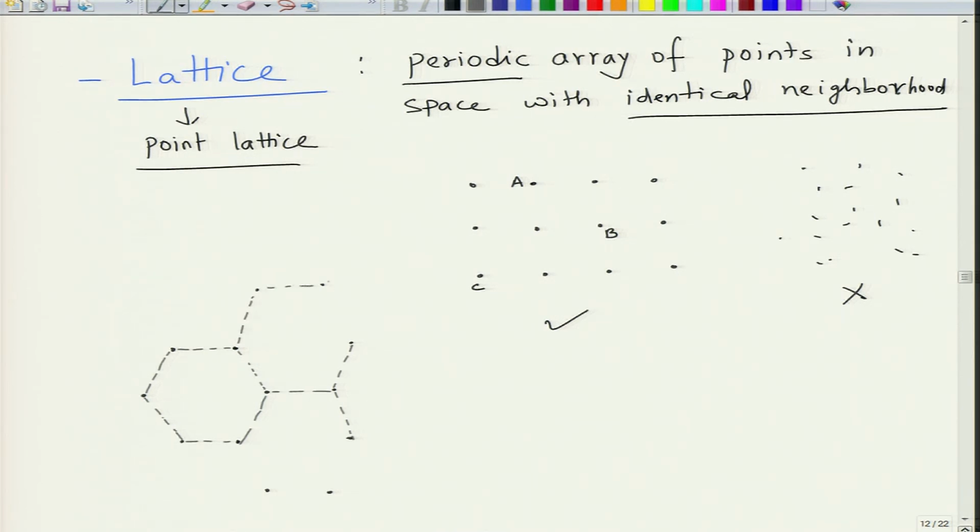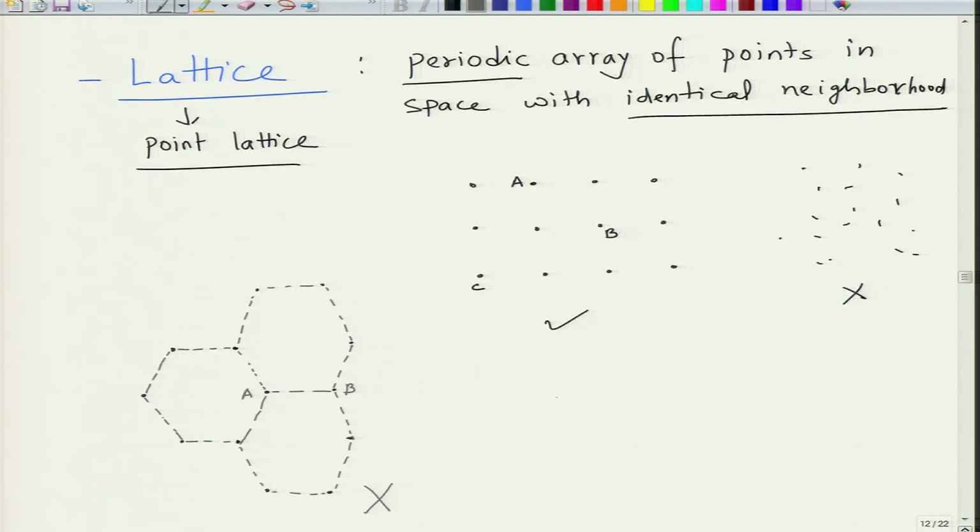All these points have equal spacing with respect to each other, sort of hexagonal. It is sort of distorted here, but it is a sort of hexagonal network. But if you look at this point A and this point B, the neighborhood is not identical. For A, you have one point on the right, 2 points on the left at certain angles. For B, you have 2 points on the right, 1 point on the left. So, this is not a point lattice, even though it looks like a regular ordered arrangement.